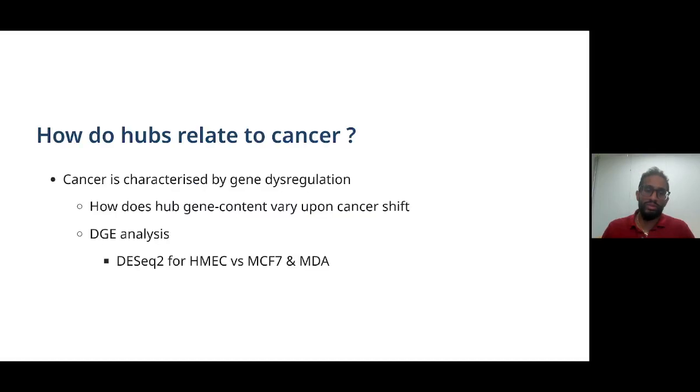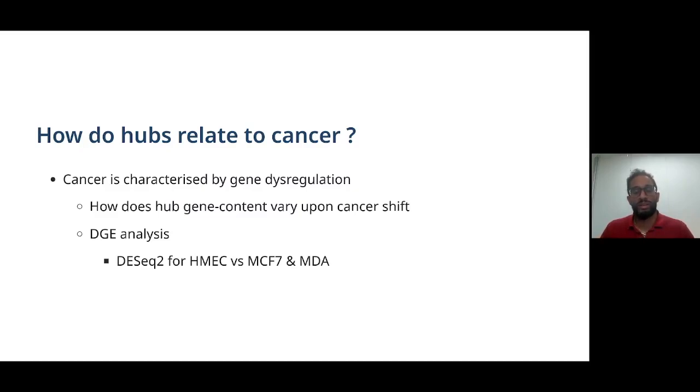We then tried to see whether there was an association of the hubs with cancer. Here we understand cancer as an aberrant gene expression pattern compared to the healthy cell line. The way we tried to examine this is by examining whether this change in gene expression is different when looking at genes that are inside the hubs compared to genes outside the hubs, in healthy versus cancer cell lines.